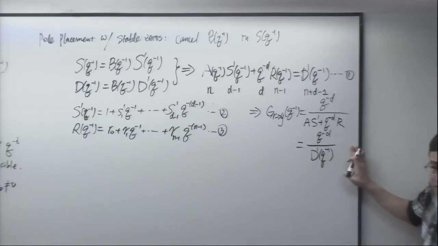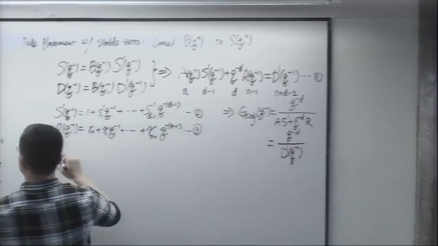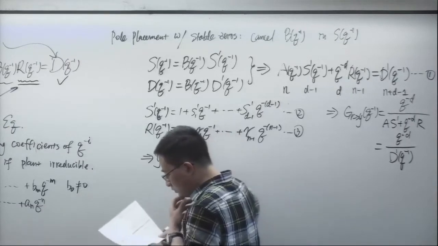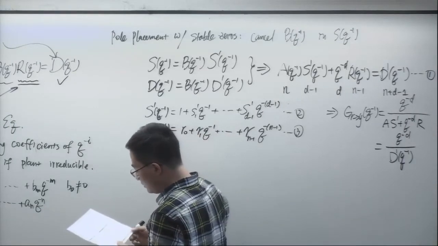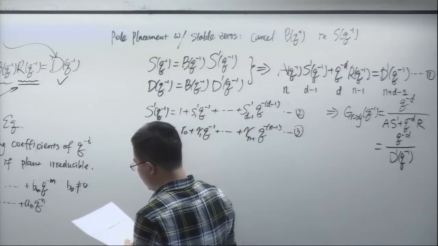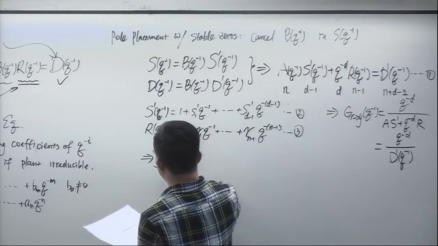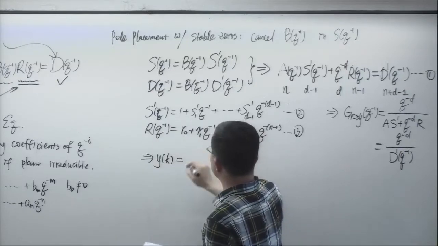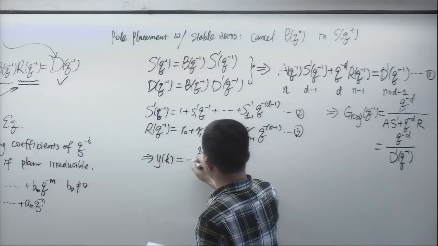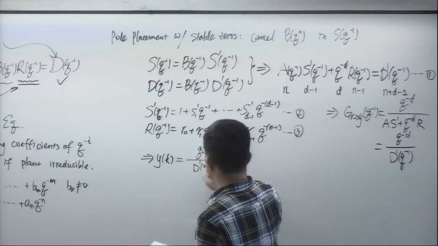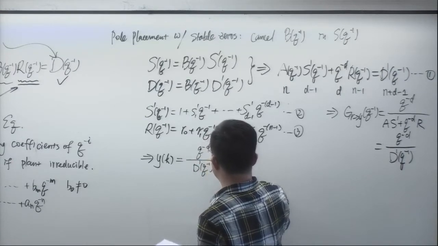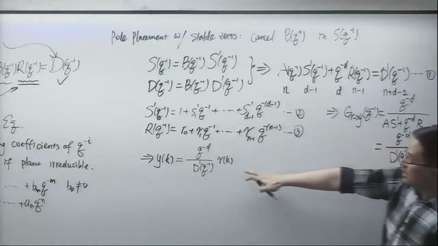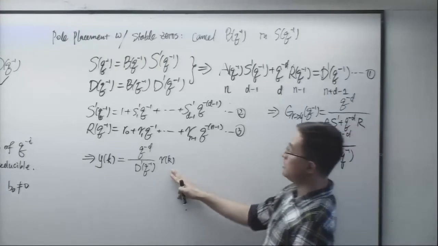So this means now the output. Let's now use the time domain result of the design. So this means yk equals q negative d, d prime, and rk, because this is the transfer function from r to y, so in time domain this is the implication.